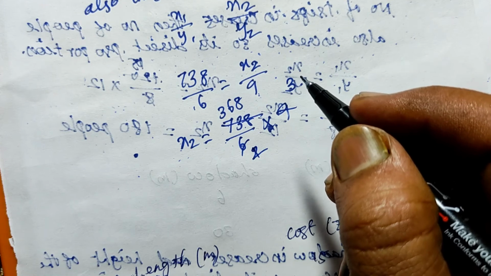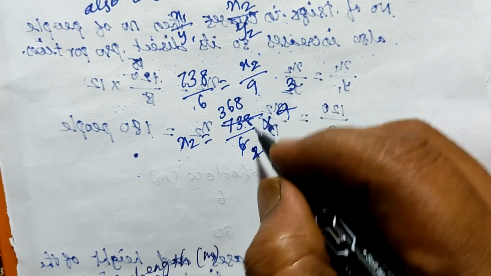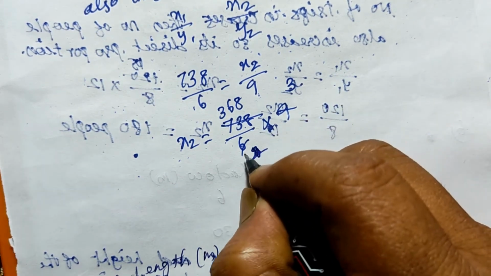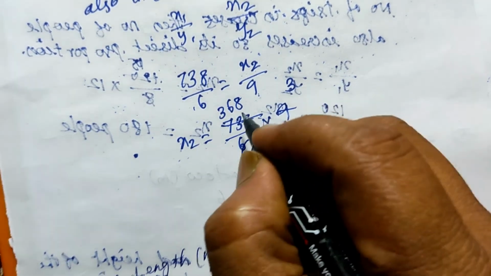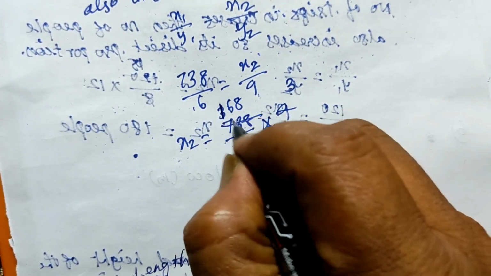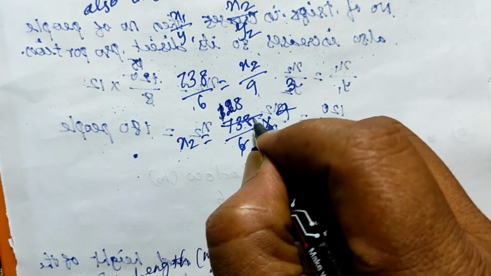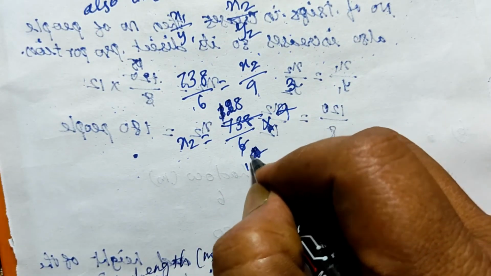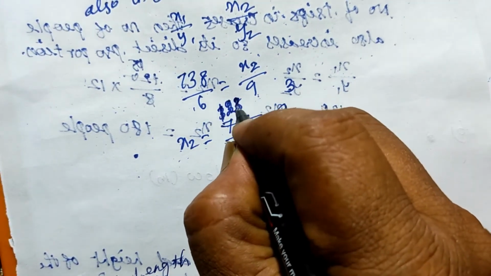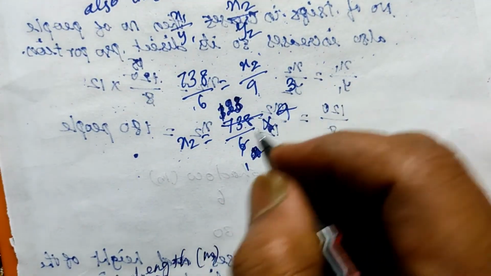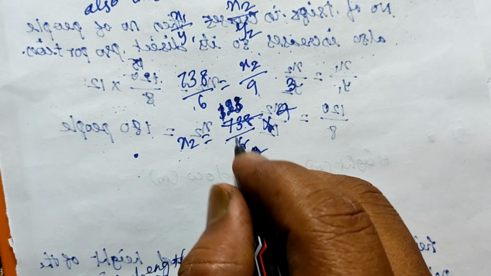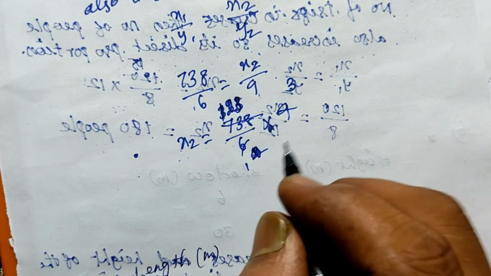3 6 8. Shall we divide by 6? 1. It is a 1, and then 2, then what is that? 3, 123, 123, 123 into 9.